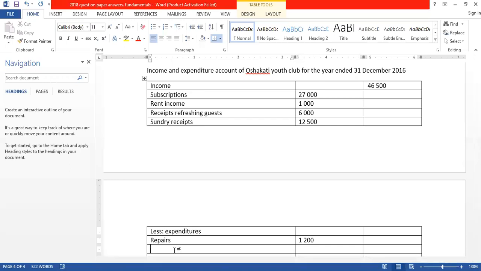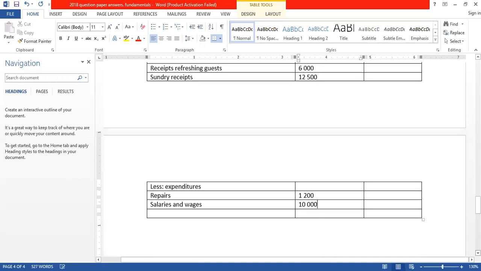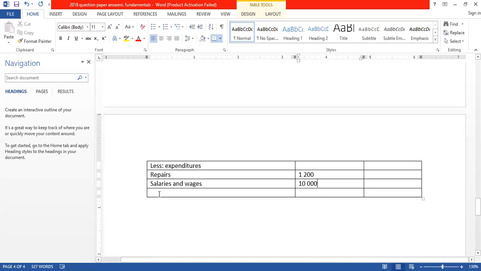And then we have salaries and wages of 10,000. And then we move on to our next expenditure there.